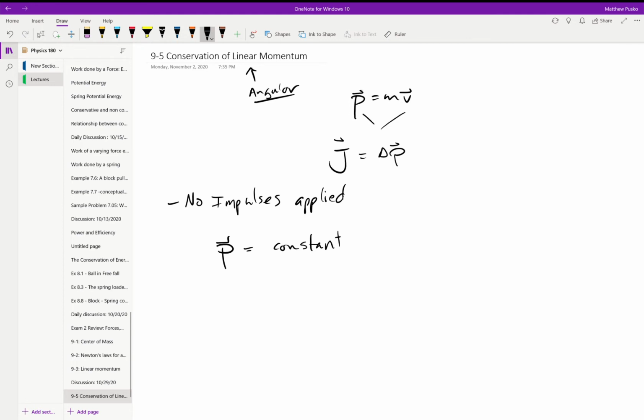So from that we get another conservation law. We say that the momentum initially is equal to the momentum final for a particle or for a system.